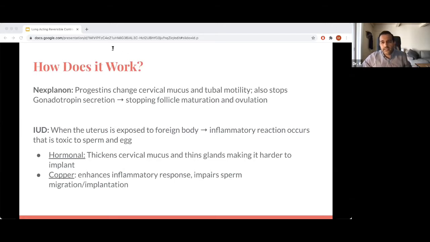So how do these things work? The Nexplanon, since it's a progesterone or progestin-based method, does a couple of things. It changes the cervical mucus, and it changes the tubal motility, and both of those things in conjunction are basically unfavorable for sperm to migrate up. So it stops fertilization from that standpoint.